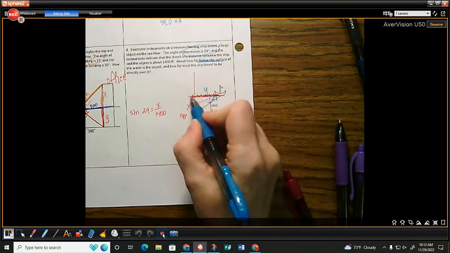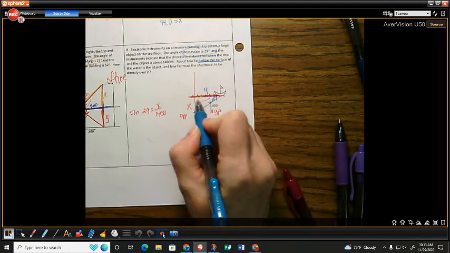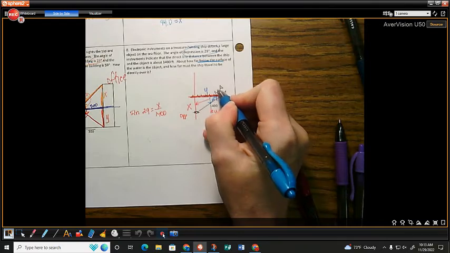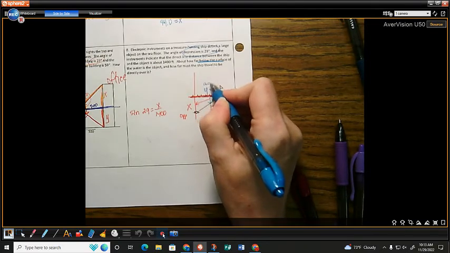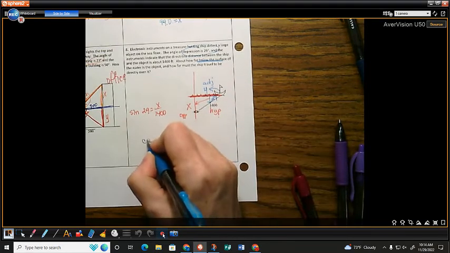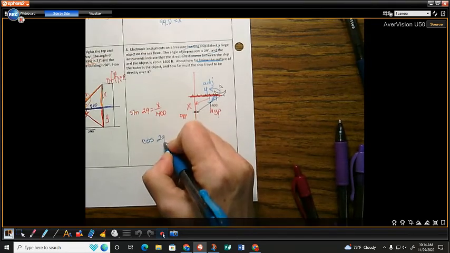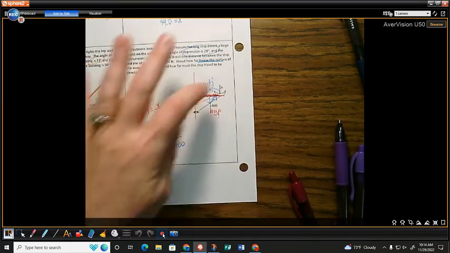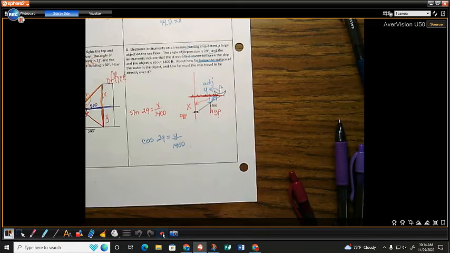How would I find the horizontal distance he needs to travel? Yeah, that's the adjacent. So you would need cosine of the 29 would equal y over 1400 to get the y distance. Or you could just use Pythagorean theorem. Or once you have one, you could use Pythagorean theorem for the other. It's up to you. Okay? I like Pythagorean. Alrighty.